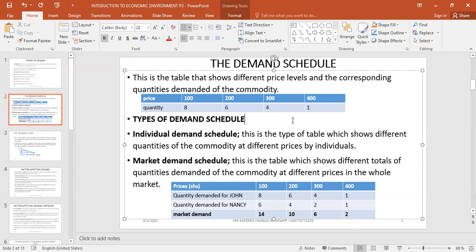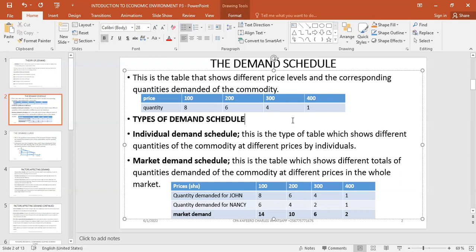The second one, we can talk about the market demand schedule. As you hear the word is saying market, a market is a collection of items whereby you find there are so many people who are coming to buy whatever they want from that place.